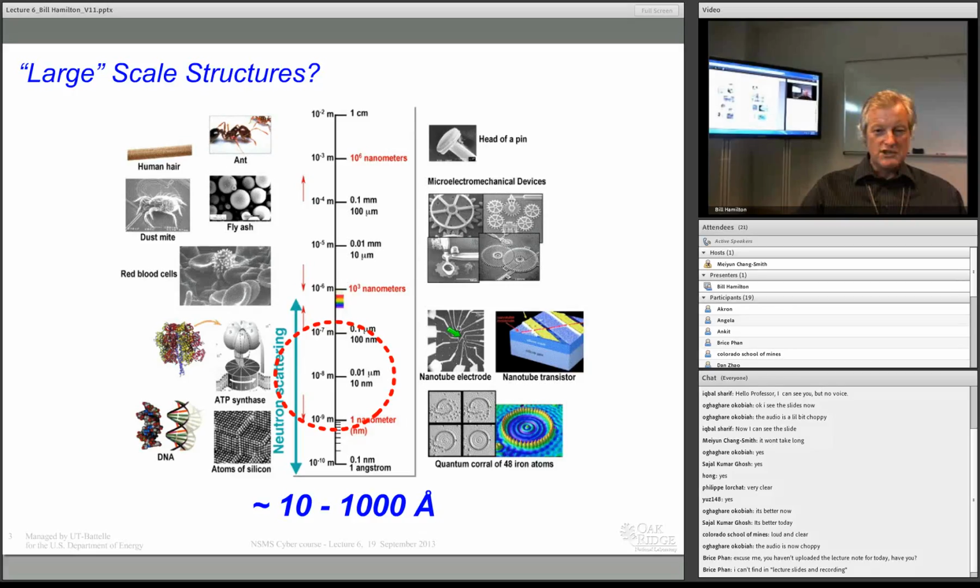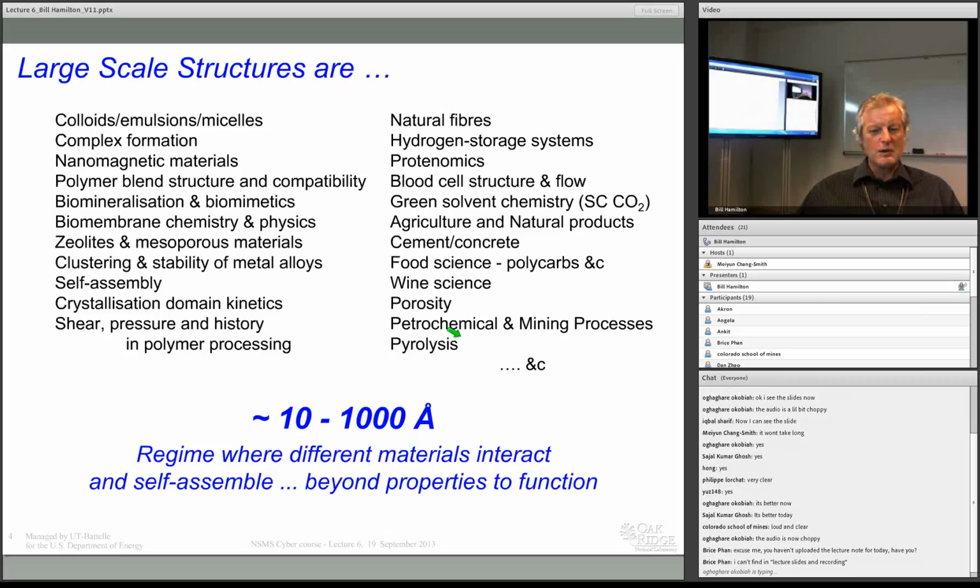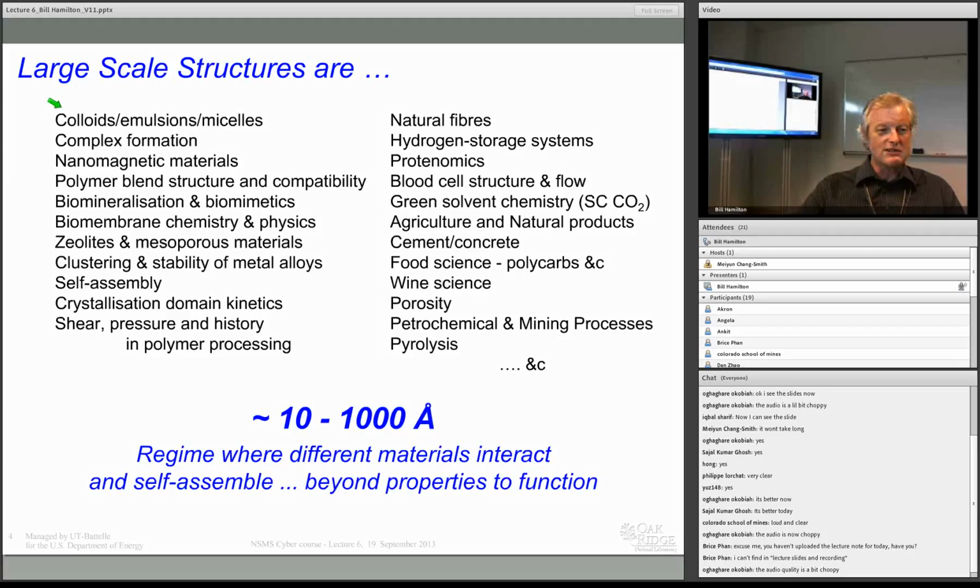This region is where stuff starts to happen, because different materials interact and self-assemble, start operating essentially as machines, start having functions. And when you ask what you can do with small angle scattering, the answer is just about anything.